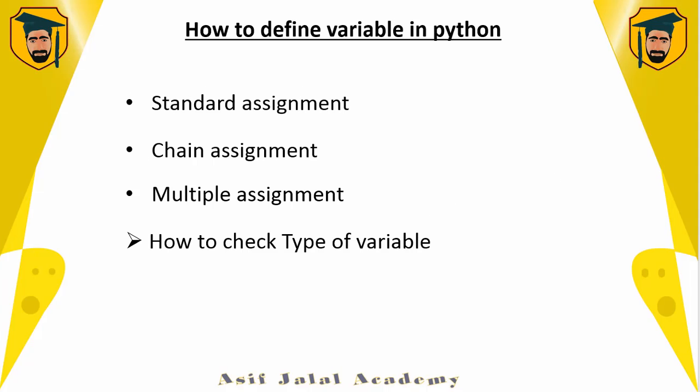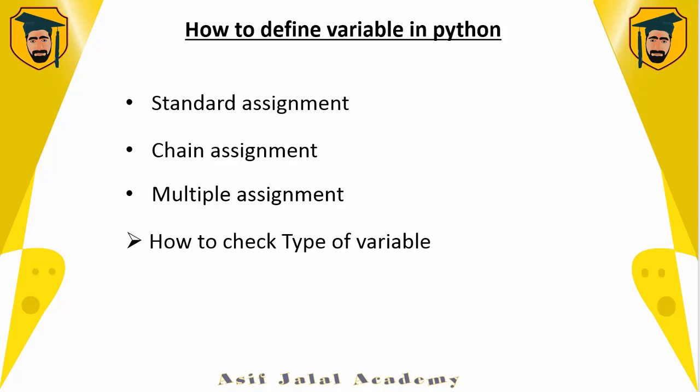Now, how do we define variables in Python? Python is basically a dynamic type language. What does this statement mean? Dynamic means the data type of your variable will be defined at runtime. In older languages like Java, C#, C++, and C, we have to tell the compiler or interpreter what type of data we will store in the variable. For that, you have to specify the data type along with the variable name.